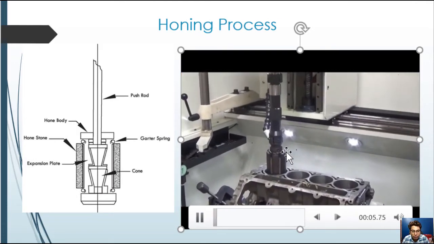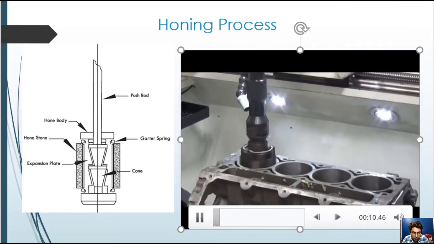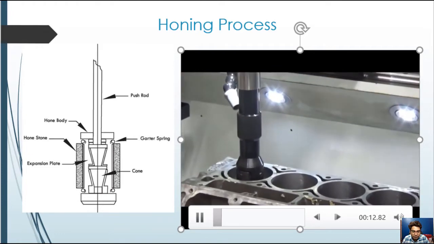It is the honing tool which is being inserted into the cylinder, inside of the cylinder for finishing.